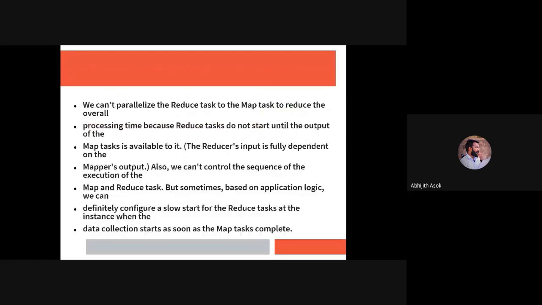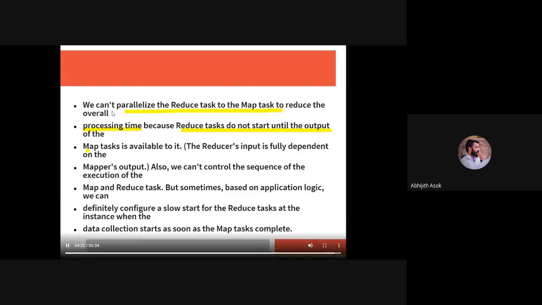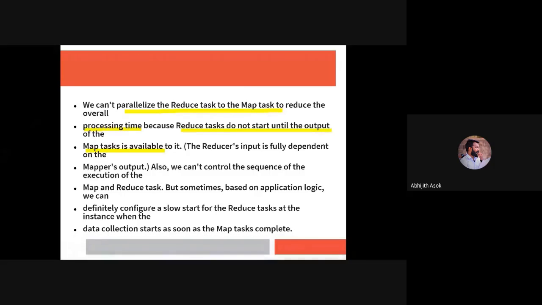So we can't parallelize the reduce task with the map task to reduce the overall processing time, because the reduce tasks do not start until the output of the map task is available. So the reducer's input is purely dependent on the output of the map.